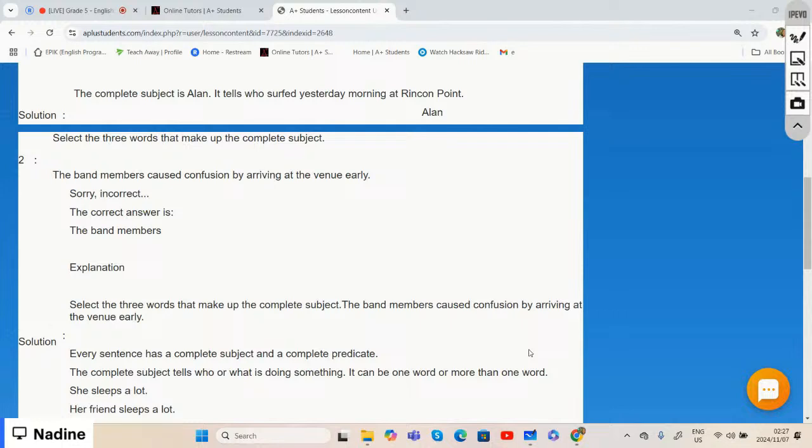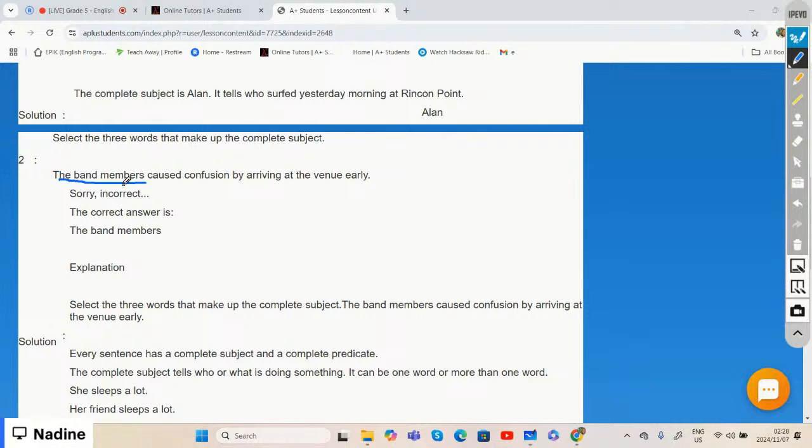All right. And if we were to select the subject, then we would say the band members. So the band members, that is our completed subject. What did the band members do? They caused confusion by arriving at the venue early.